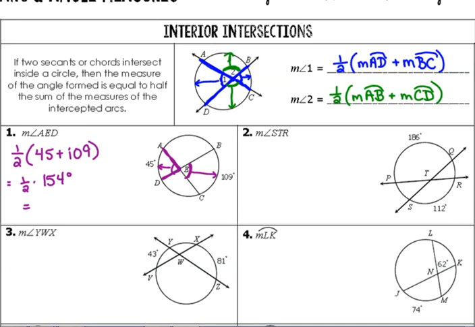So half of 154 is 77 degrees. The measure of angle AED is 77 degrees. And for that matter, that is equal to the measure of angle BEC, because those are vertical angles there.